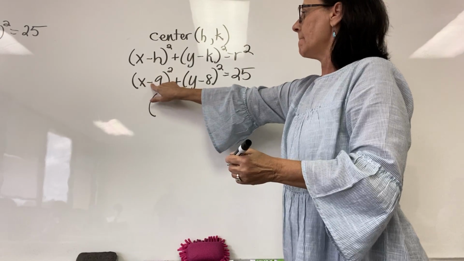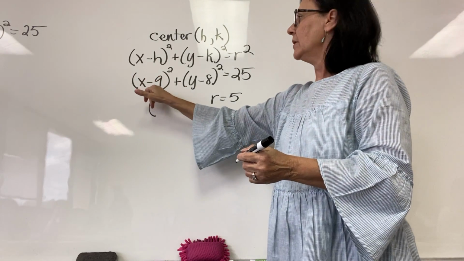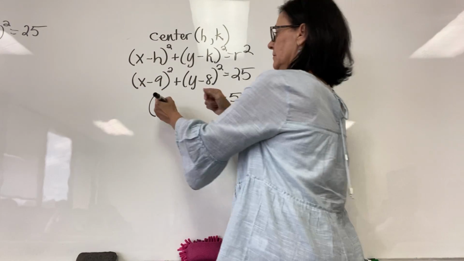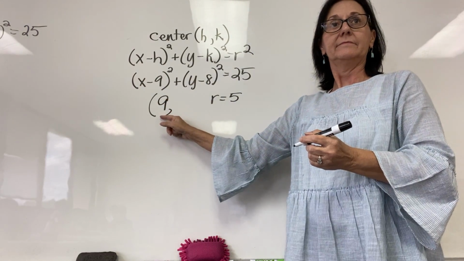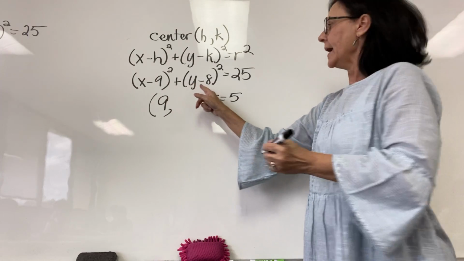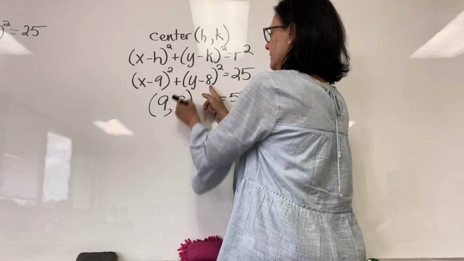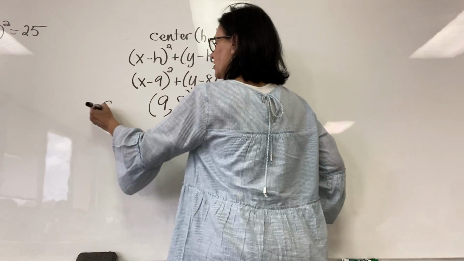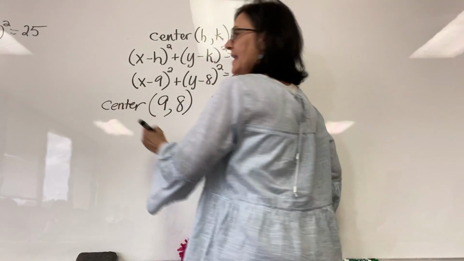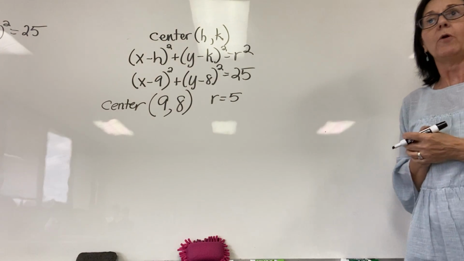It's x minus the value of h. H is 9. It's y minus the value of k, which is 8. So your center is now at the coordinate point 9, 8.